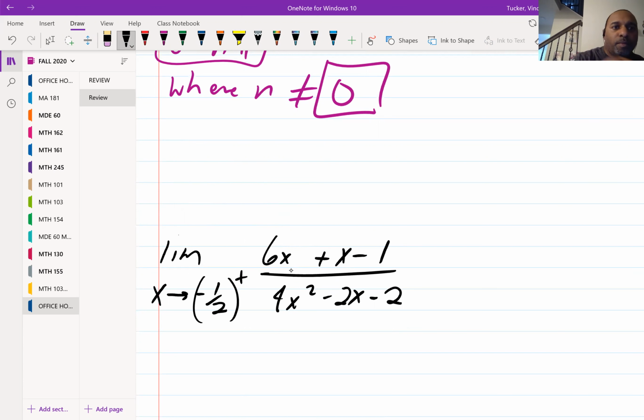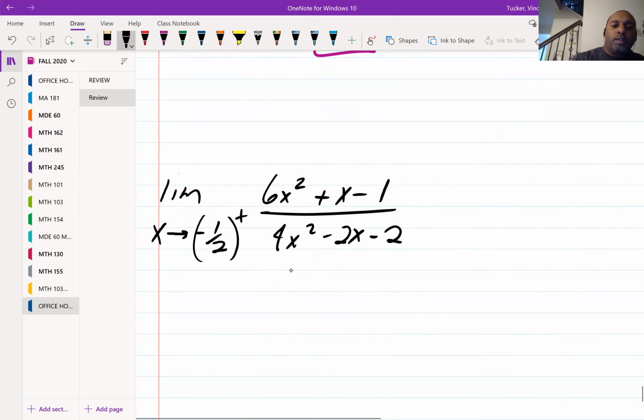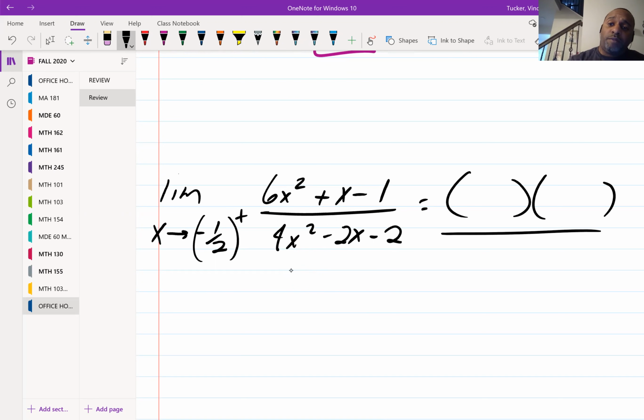I messed it up. So it should be 6x squared plus x minus 1 over 4x squared minus 2x minus 2. All right, so once again, plugging in -1/2 gives us 0 in our denominator. Can't do it. So the best way we can handle this is to first see, is it possible to factor both numerators and denominators?